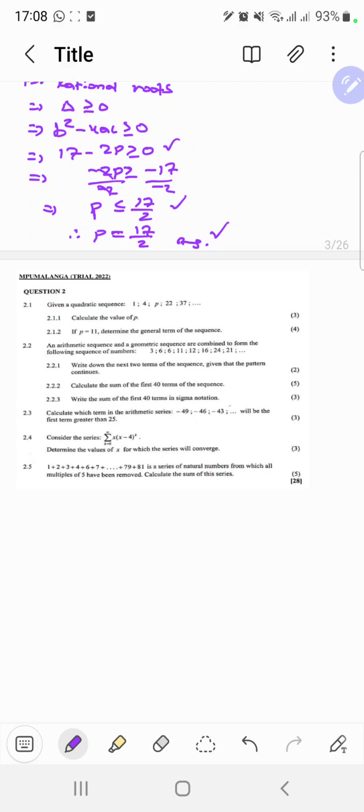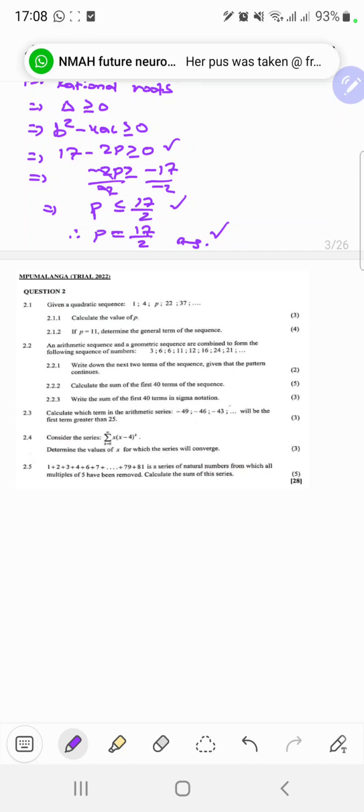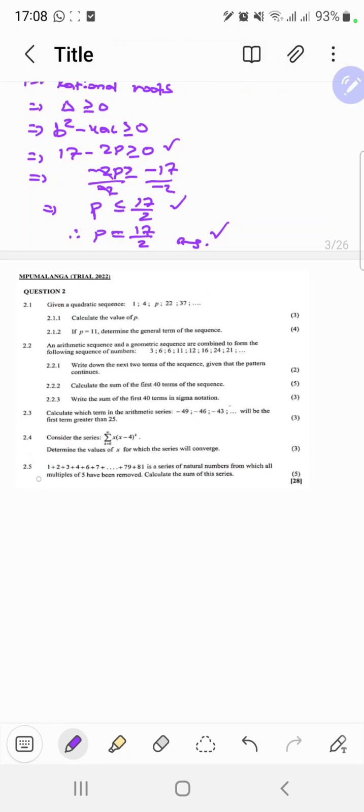Okay, so what is the story here? The story here says, given a quadratic sequence 1, 4, p, 22, and 37, and then of course it goes on and on. It says now calculate the value of p. Okay, so let's sort this one out quickly. 2.1.1.